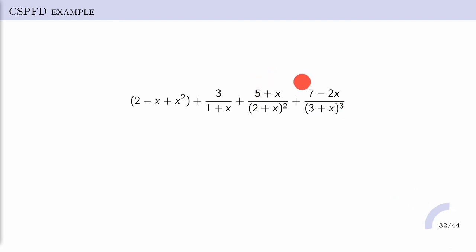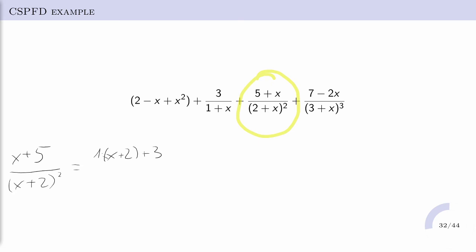So let me show you, for example, how we can split this one. We have x plus 5 over x plus 2 squared. X plus 5 is nothing else but 1 times x plus 2 plus 3.